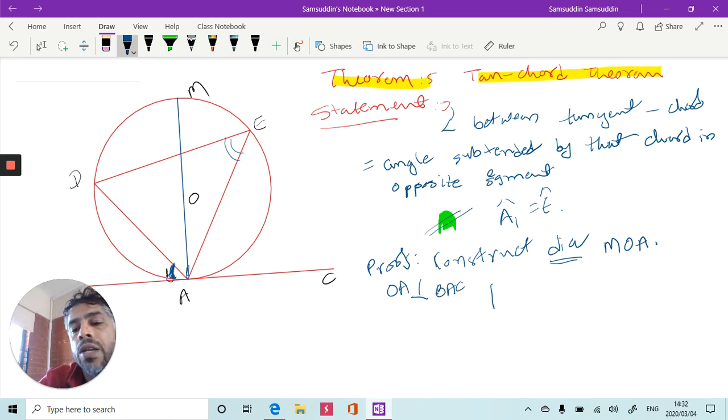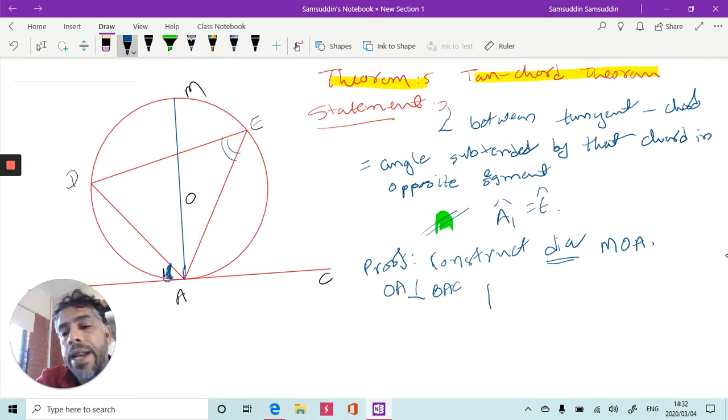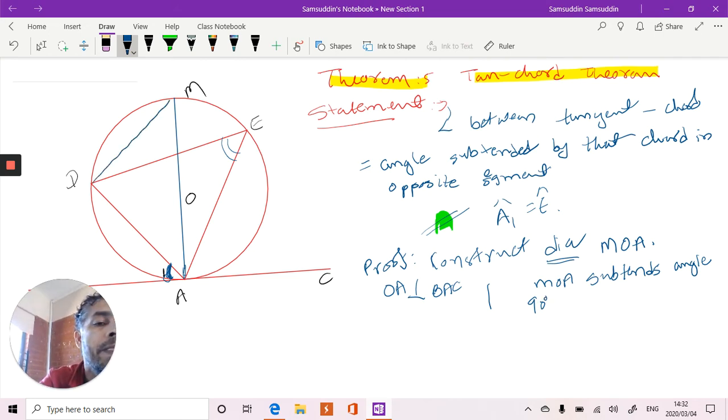The second thing I know is that the diameter MOA subtends an angle which is going to be 90 degrees. If I join DM, angle D equals 90 degrees, angle subtended by the semicircle or diameter.